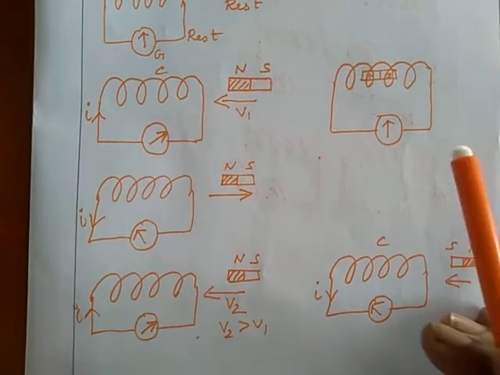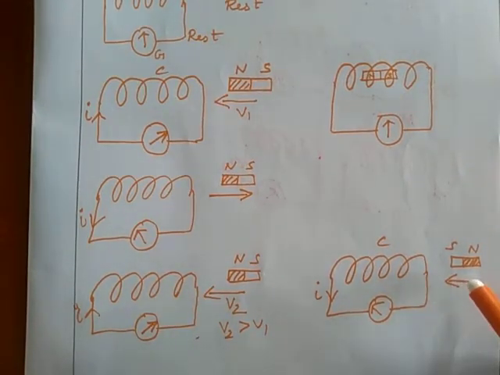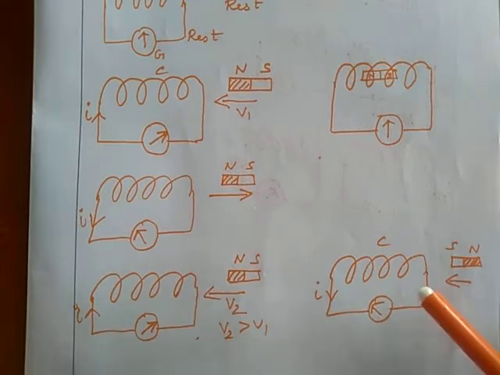Then next I move the magnet towards the left, but in this case the south pole of the magnet is facing the coil. At that instant it shows a deflection towards the left. In this case also the current is set up in the coil.